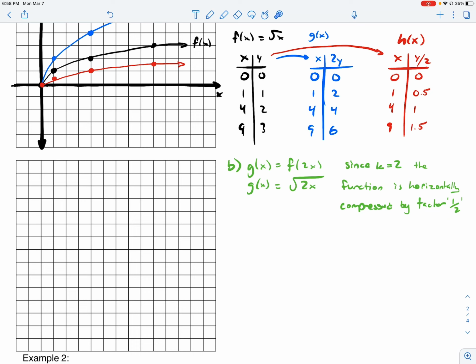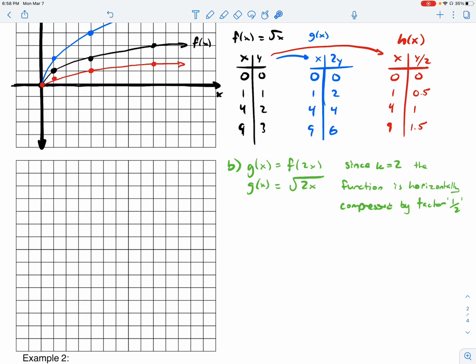And this time our k is a half. So 1 over a half is actually going to be 2. So I'm going to write this 2 here. Remember, the factor is always 1 over k. So if k is a half, we have 1 divided by a half. To divide, you have to flip and multiply, so you get 1 times 2 over 1, which is 2. So that's how I arrived at this value of 2.